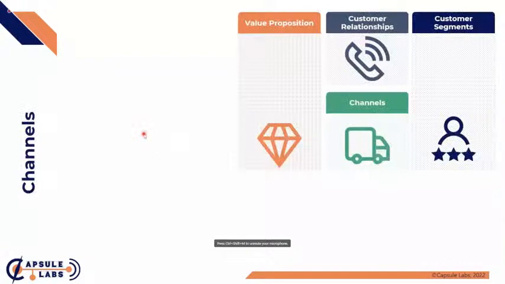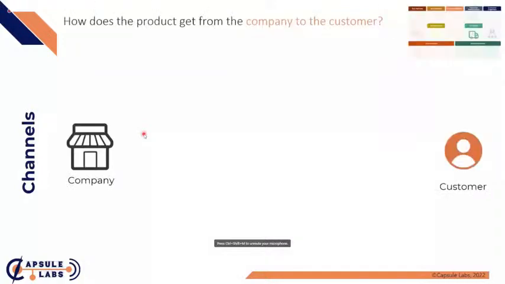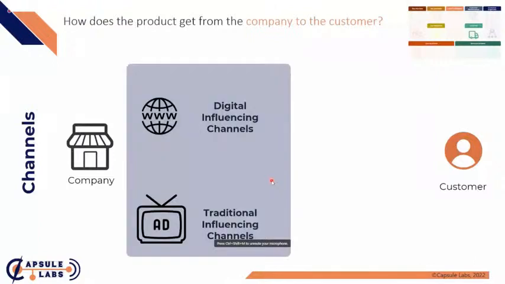Now it comes to delivering your product or value to the customer itself, right? If you look at that, it's a typical funnel, right? As a company, you want to be able to reach the customer, right? But in order to do that, you go through two steps, right? The first is an influencing step, right? How does the customer get to know about your brand? If you go to a street hawker and you are buying something, you are not too worried about the brand. You are making a spot decision then and there. But if you were to buy a TV, if you were to buy a mobile phone, right?